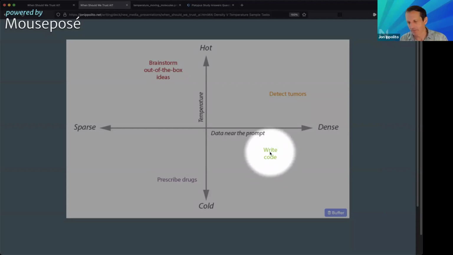In the space of all possible solutions, there's going to be a lot of density of the accurate solution, just because there are fewer words you can use in code, and there are so many examples of code tutorials online that do a decent job of doing it right. So that's a case where you've got lots of data online that's appropriate, and you don't want it to be too crazy with proposing things. You're likely, by setting it to be cold, to get a pretty good answer, I would say.